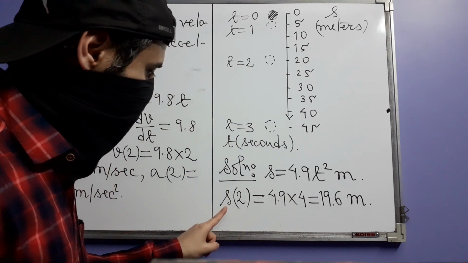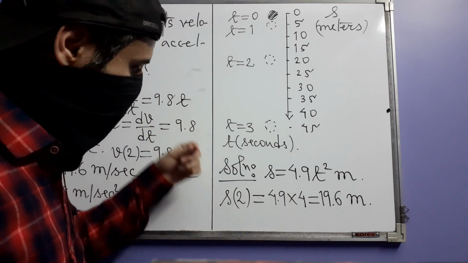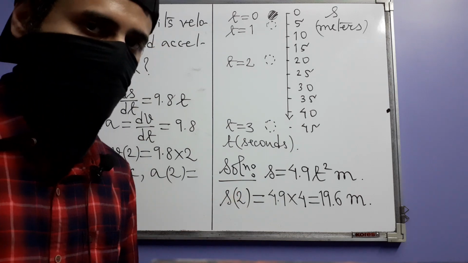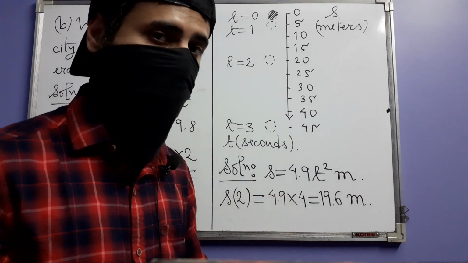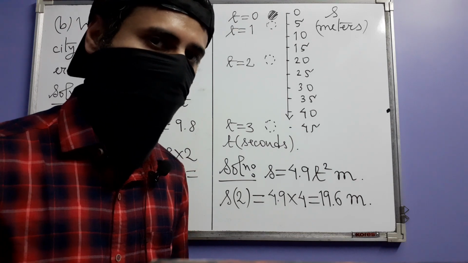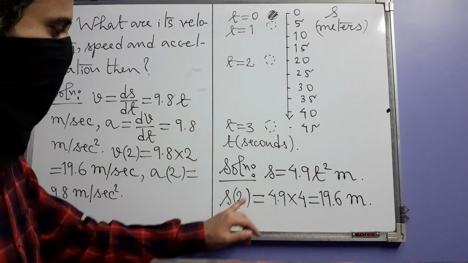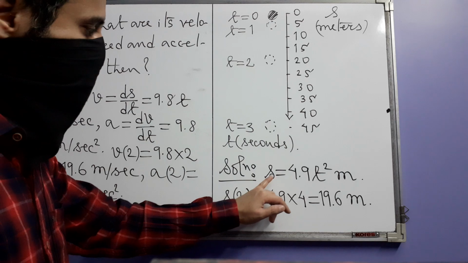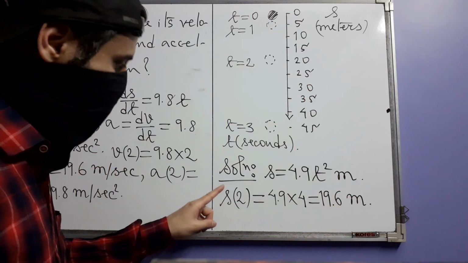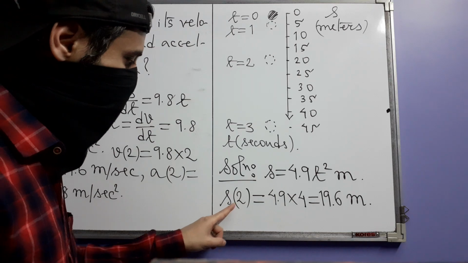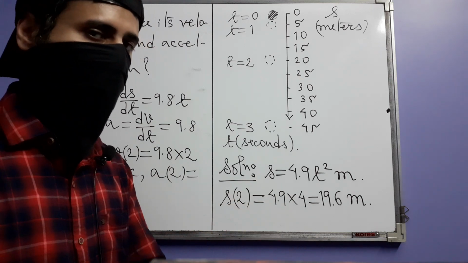Here s itself is considered as the name of the function, as well as the output or the dependent variable. This is a common practice. So sometimes we simply write s to make things look simple, but if you have to evaluate that at some point, we may as well write s of something.